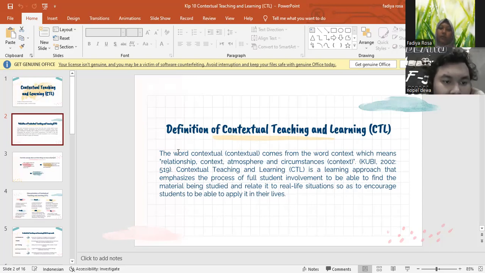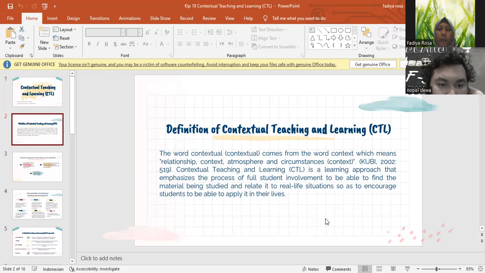The definition of contextual teaching and learning, or CTL. The word contextual comes from the word context, which means relationship, context, atmosphere, and circumstance.